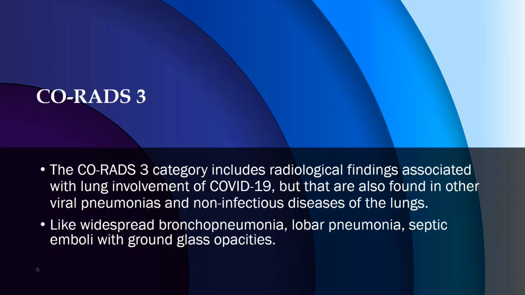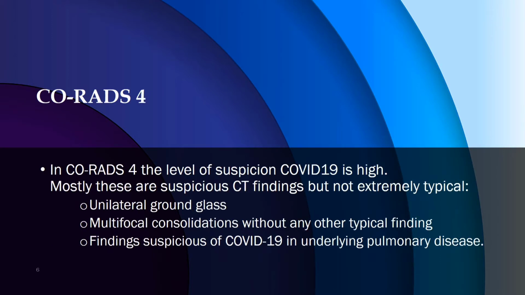The next is CORADS 4. The level of suspicion of COVID-19 is very high. Not very high, comparatively higher. Mostly these are suspicious CT findings but not extremely typical, like unilateral ground glass, multifocal consolidations without any other typical finding, or suspicious of COVID-19 in underlying pulmonary diseases.